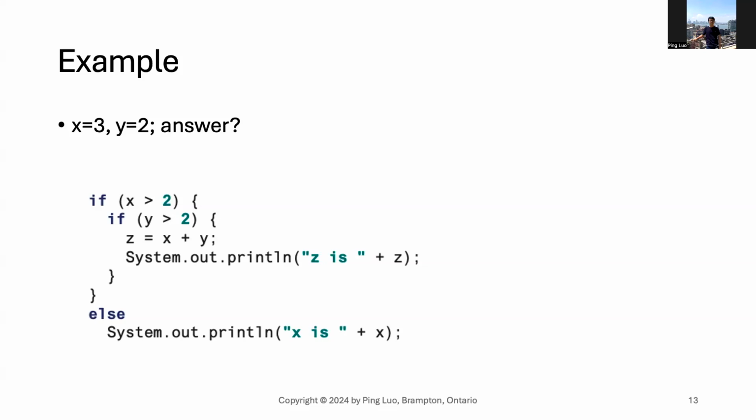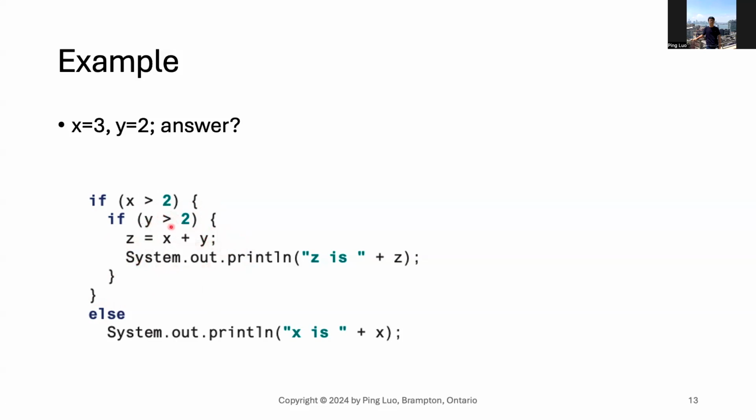Okay, so actually, for this one, the code prints out nothing. Because you can see the if: is it larger than 2? If it is greater than 2, it will go into this block. We have parentheses and a curly brace here. If this is correct, it will do the statements inside this curly brace.